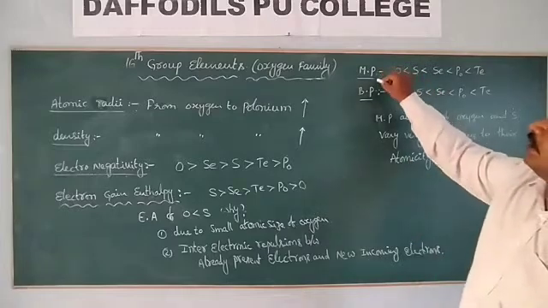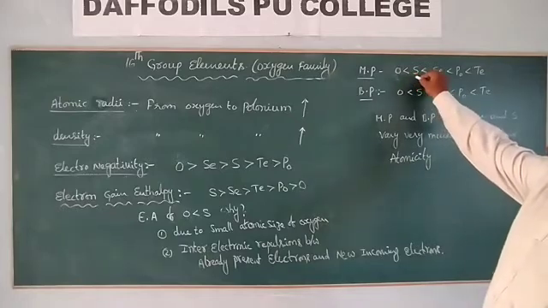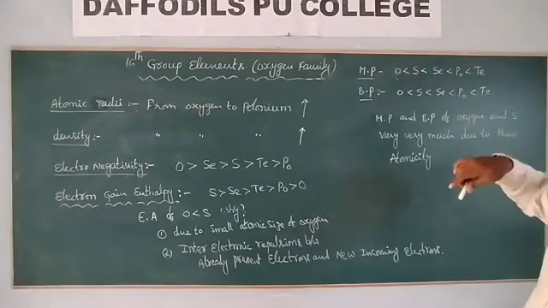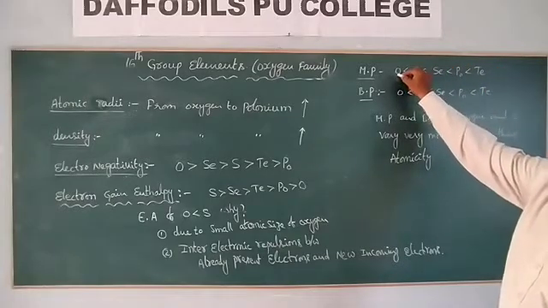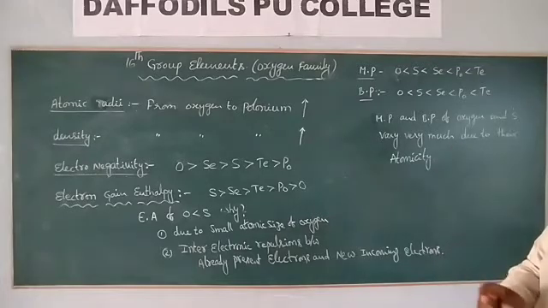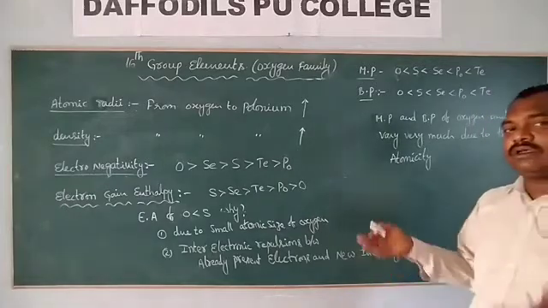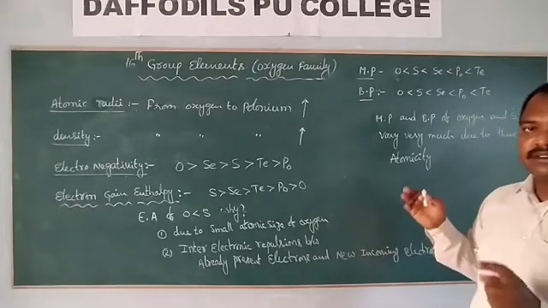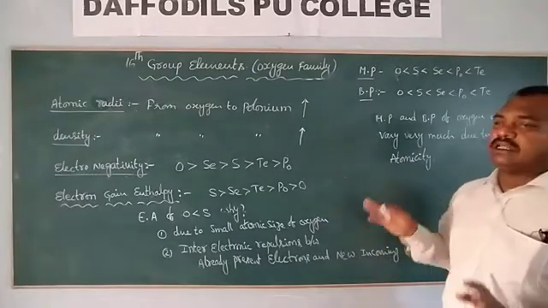Next, look at the melting points and boiling points. The melting points order is oxygen less than sulfur less than selenium less than polonium less than tellurium. As atomic size increases from oxygen to polonium, van der Waals forces of attraction also increase. When van der Waals forces of attraction increase, melting points increase and boiling points also increase.